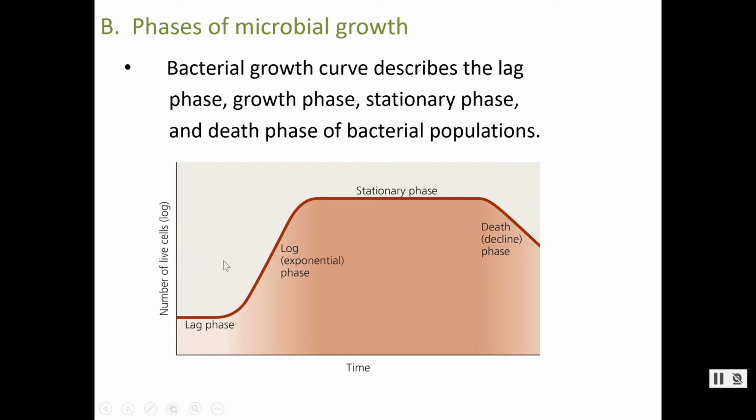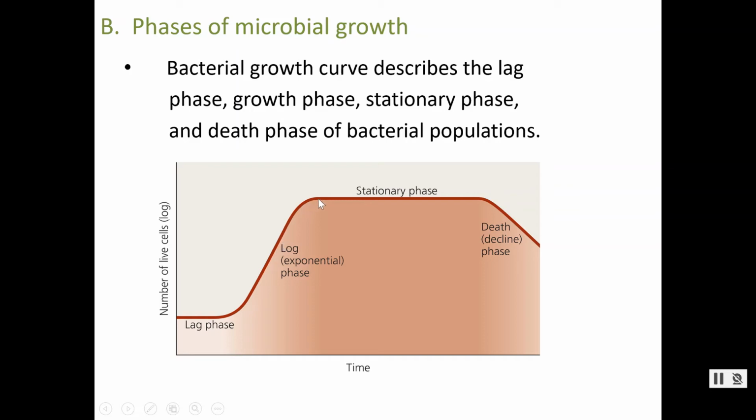In your labs this week, you're going to talk about spectrophotometry, and that works on absorption, and that can't tell the difference between a live cell and a dead cell. But in this one, we're looking at only living cells. So in the logarithmic phase, you can see that number is increasing exponentially because conditions are favorable.